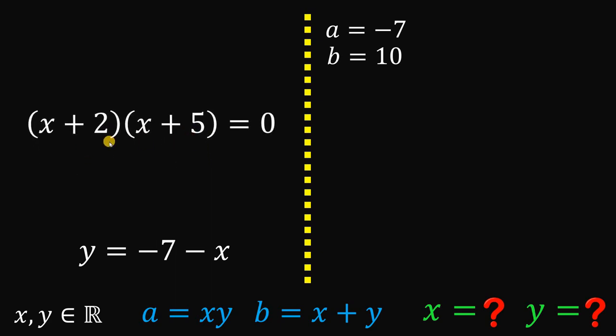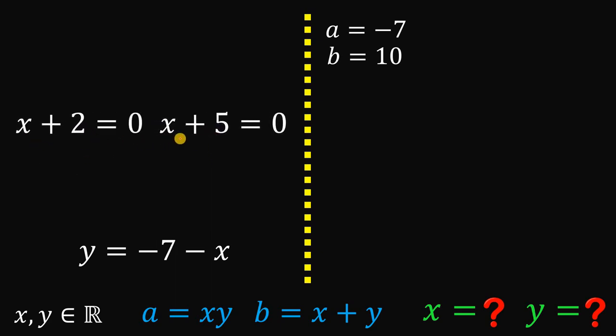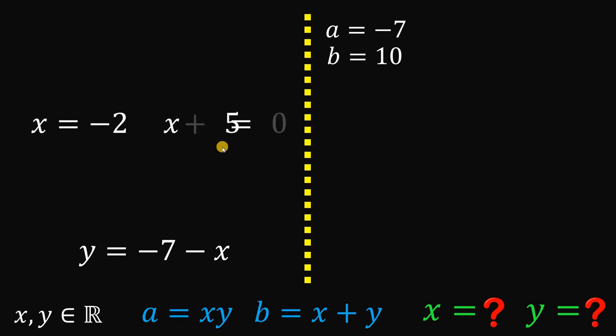Now, using the zero property, we can say that x plus 2 equals 0 or x plus 5 equals 0. So x in the first case is negative 2. In the second case, this will give us negative 5. Take note that y equals negative 7 minus x. If x is negative 2, this x becomes negative 2.